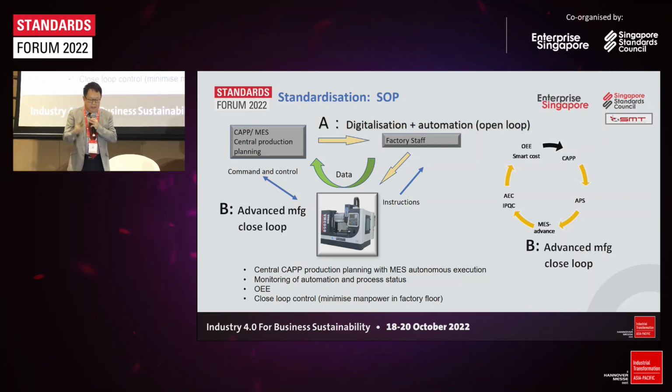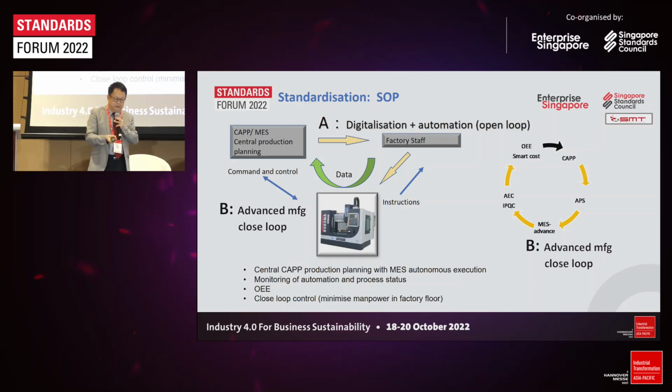From there, you can have auto planning, APS. Then you can have an MES to do the advanced manufacturing execution according to the instructions between the automation system and the machines. And you have in-process quality control that is done automatically, and auto error correction. What is this?